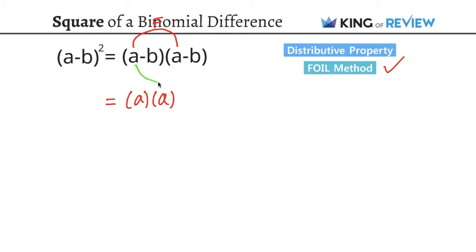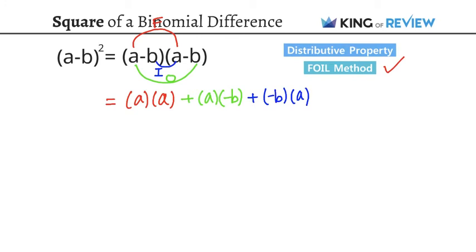So this is the outer terms, so plus a times negative b. And then I, that is inner terms, so plus negative b times positive a.